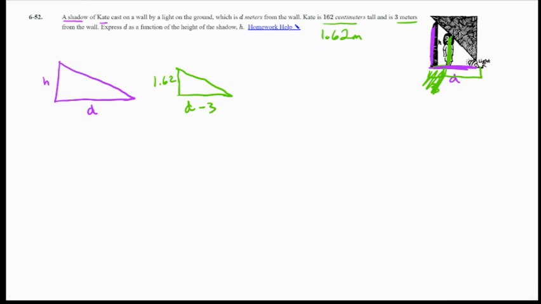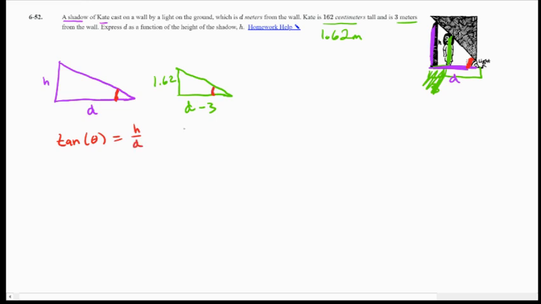Now the thing about these triangles is that they are similar, meaning the angles are all going to be the same, because the light is creating the same angle whether we're talking about Kate or the shadow. So we can say these two triangles have a ratio that connects them. The tangent of this angle is equal to the opposite over the adjacent.